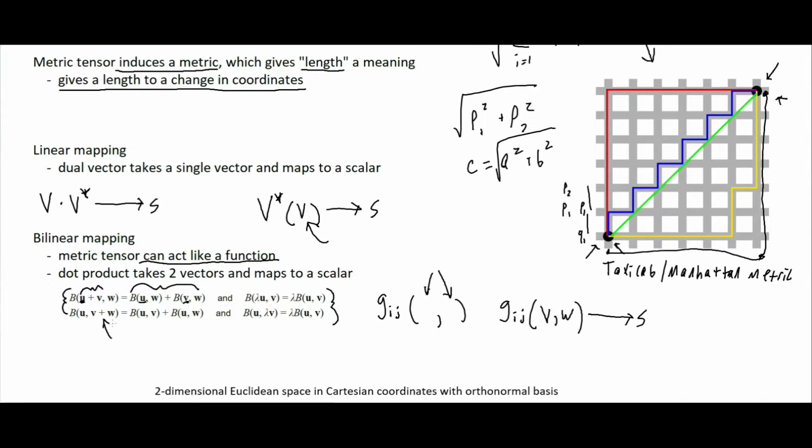It's the opposite if you have the two vectors being added in the second input, then it goes into the second input like that.